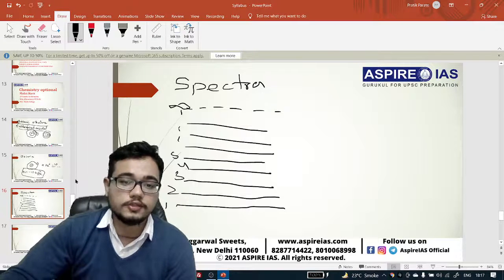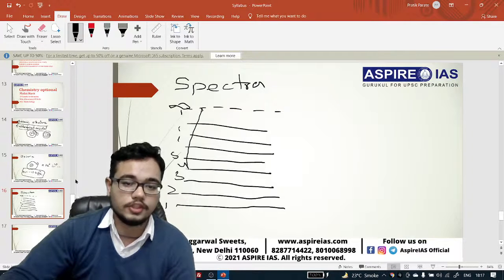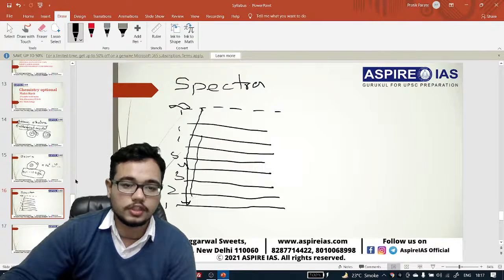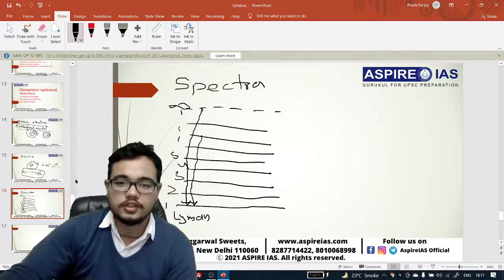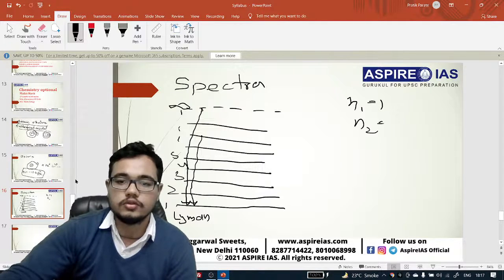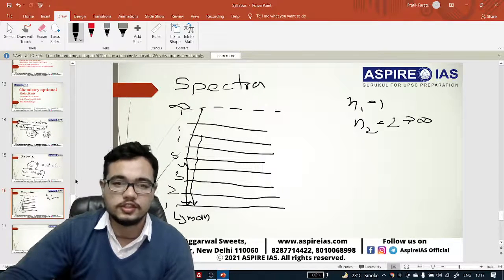Now he gave various spectral lines for the hydrogen atom. Any line that is reaching up to energy level 1, from infinity till 1, is the Lyman series. Here n1 is equal to 1 and n2 is equal to 2 to infinity. These all belong to the Lyman series.